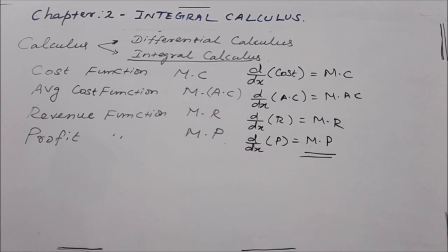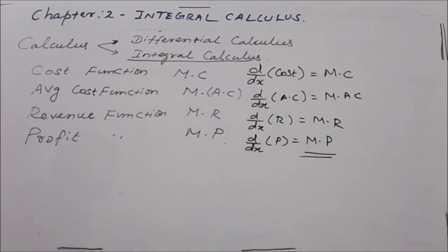Differential calculus deals with the derivative of a function, and integral calculus deals with the antiderivative of the derived function, that is, finding a function when its rate of change or marginal function is known.